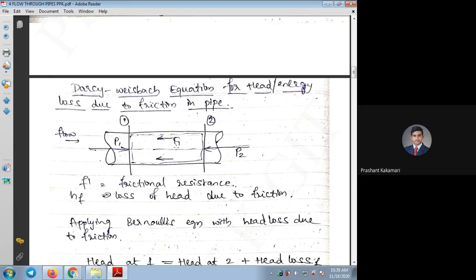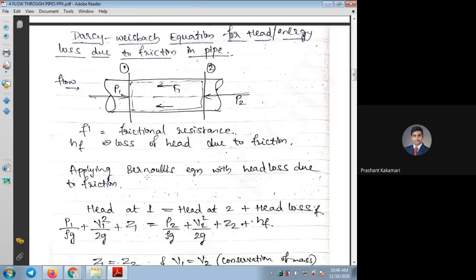That is considered in the sketch. And this small f dash, later we are going to call it frictional resistance. How much is the frictional resistance? Then we are going to talk about the head loss due to friction. As I told you, head loss due to friction, we are going to consider as HF. This HF is the head loss due to friction.